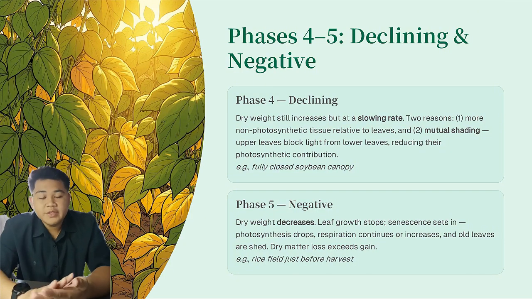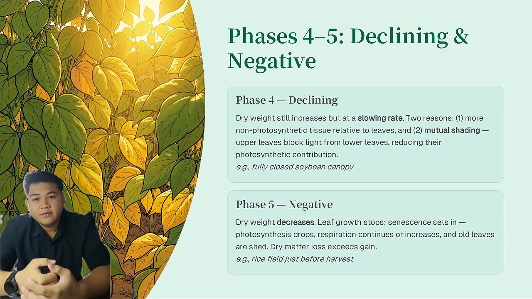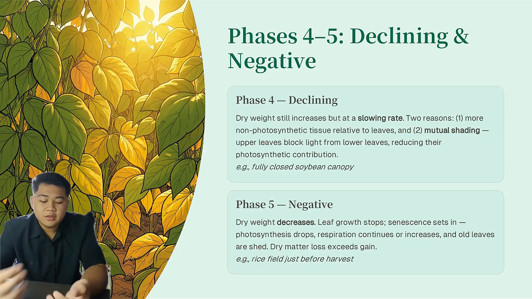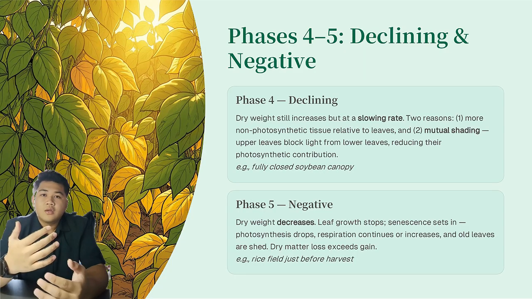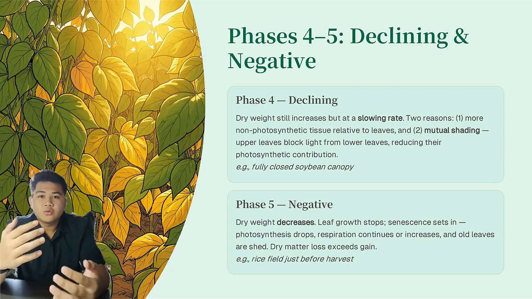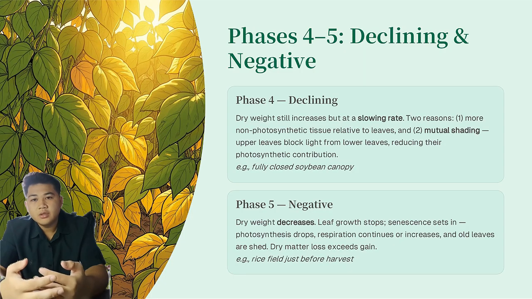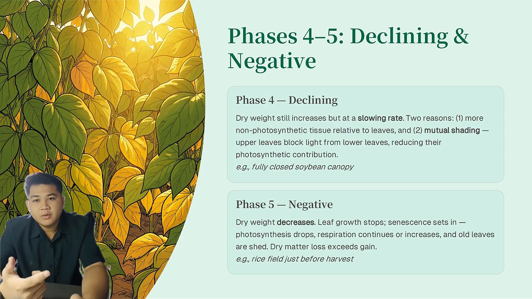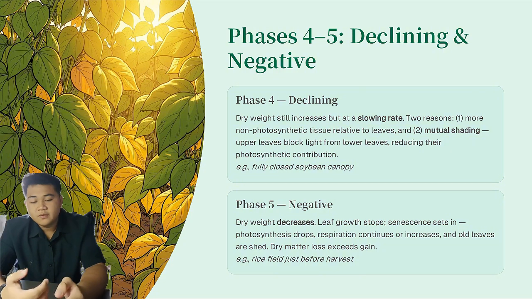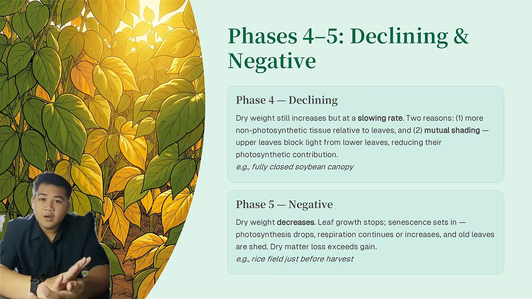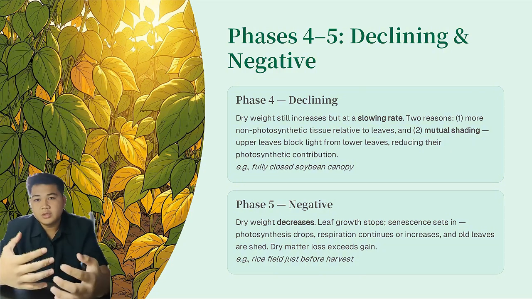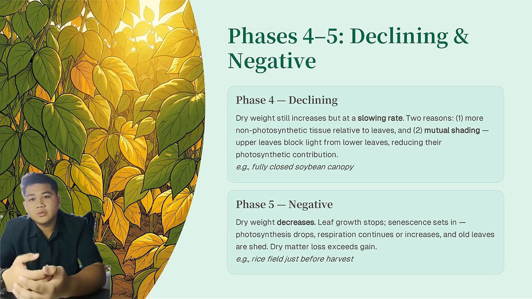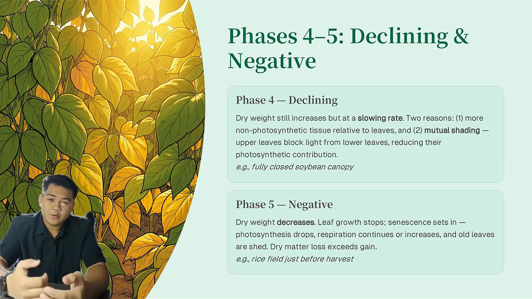Phase 4 is the declining phase, where the dry weight still increases, but slowly, and the slope gradually decreases towards zero. Why? Because there are two main problems. The first one, the plant now has a large proportion of non-photosynthetic tissue, the stem and support fibers, compared to leaves.